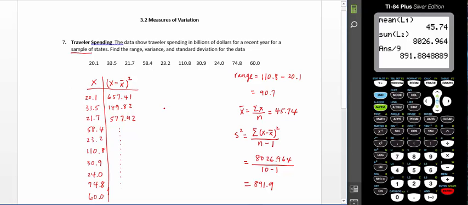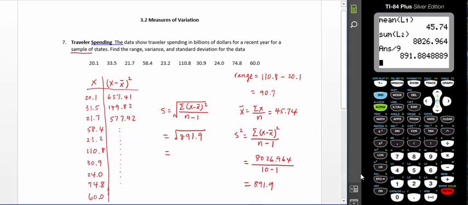Okay? So as I said, standard deviation is the square root of the variance. That means I'm taking the square root of the sum of (x minus x bar) squared over n minus 1. So that'll give me the square root of 891.9 approximately.